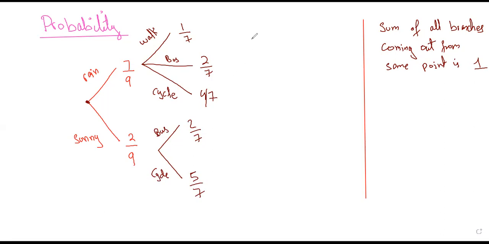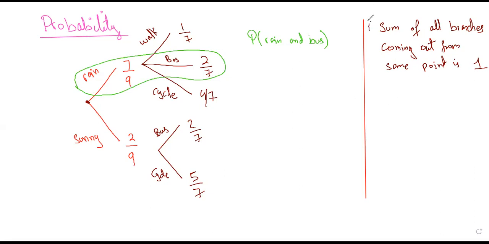So the first one says, what is the probability that it is a rainy day and he is going by bus? It is a rainy day and he's going by bus. So let's just first encircle that. Okay, and now I'll write down the rule.